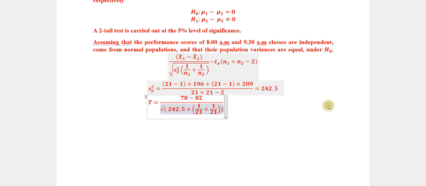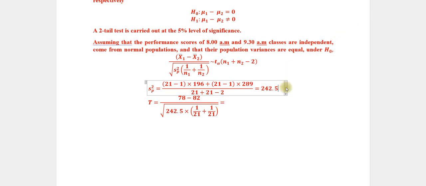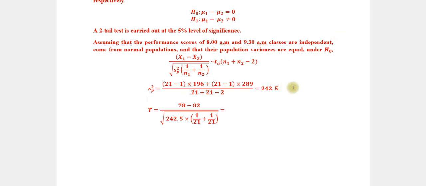This is what we have done here, which seems to give minus 0.832.